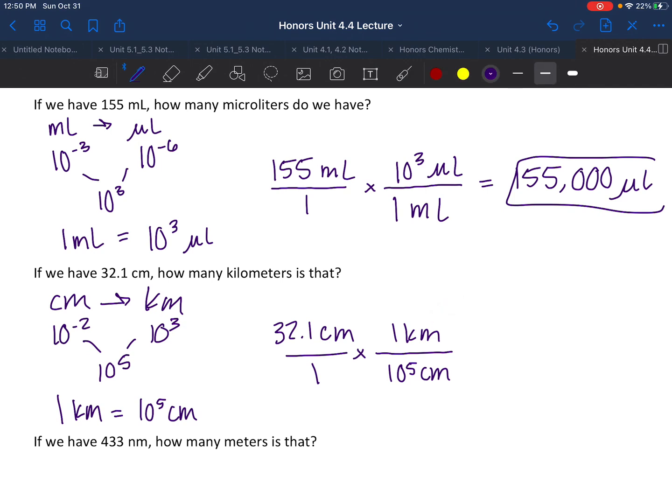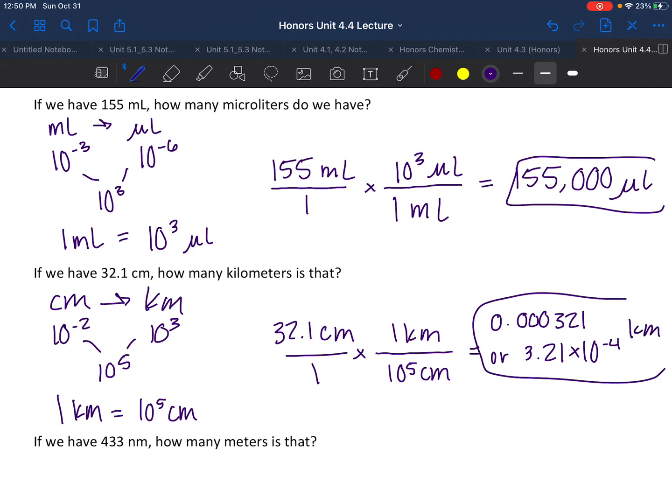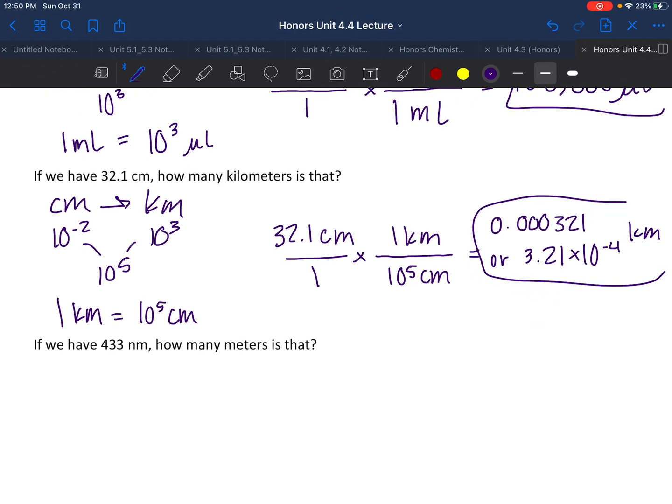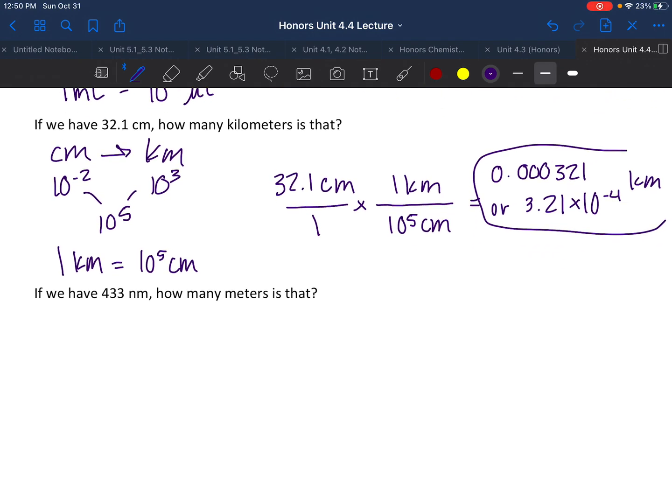Now, in your calculators, you're going to take 32.1 and divide it by 10 to the fifth, or 100,000. So in our case, we would get 0.000321, or if I were to convert that to scientific notation, 3.21 times 10 to the negative fourth kilometers. Either is acceptable. On a test, I may ask for one form or the other.